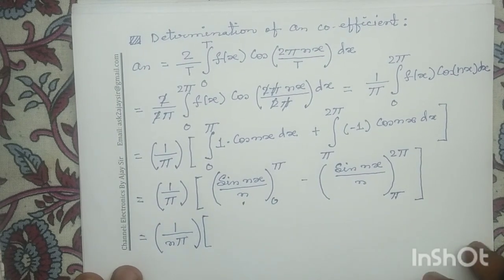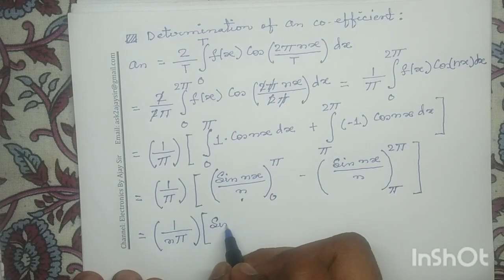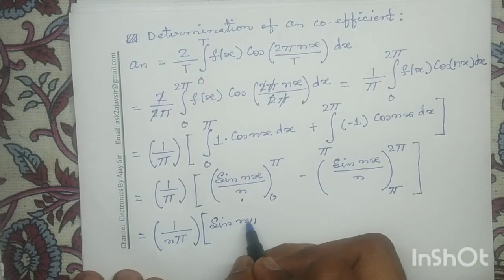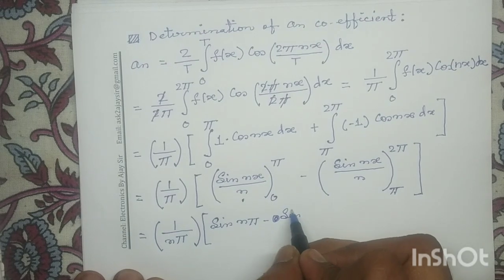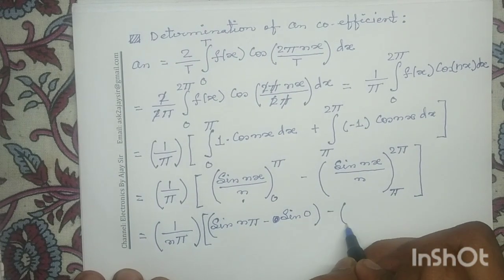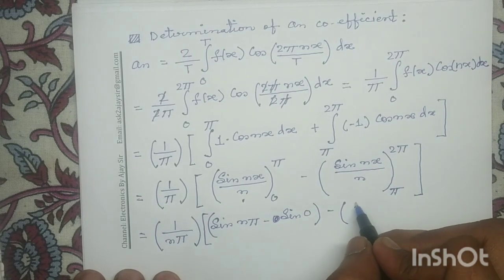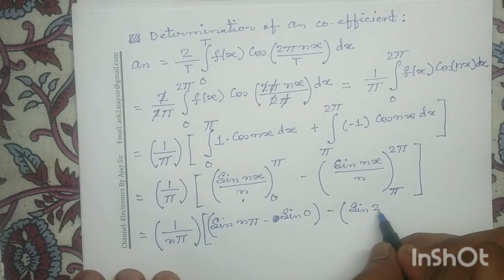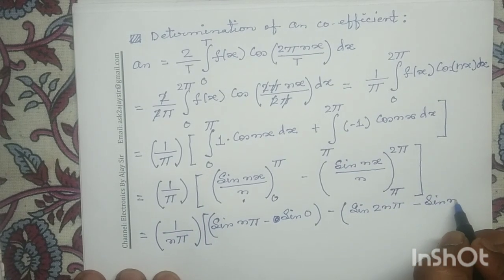Now we will substitute the limit from 0 to pi. So it becomes sine n pi minus sine 0. Minus, here we will substitute the limit pi to 2 pi. So the expression becomes sine 2n pi minus sine n pi.